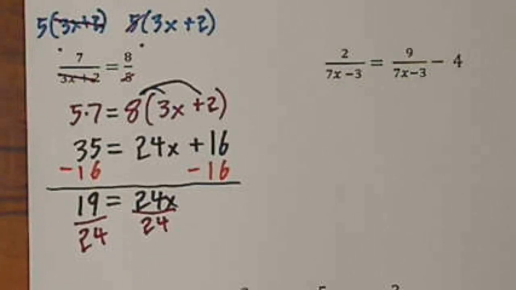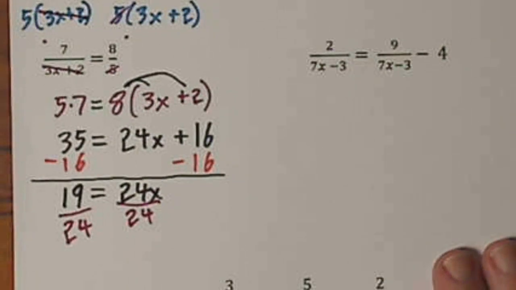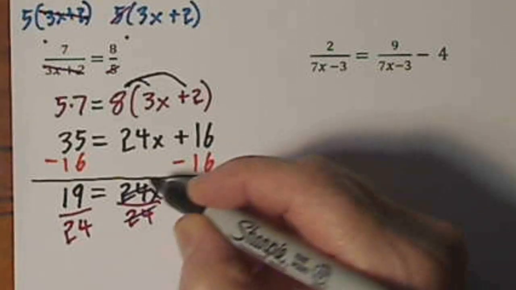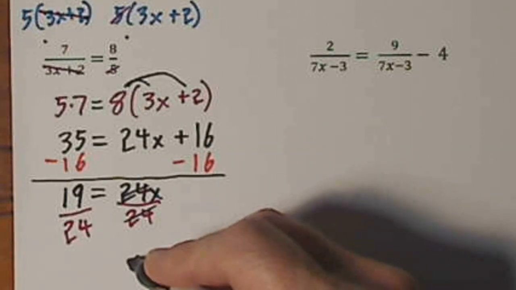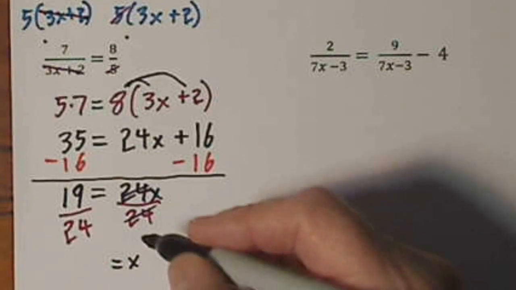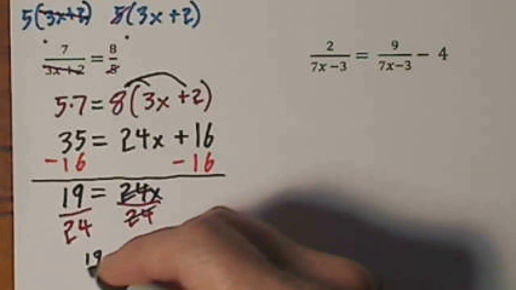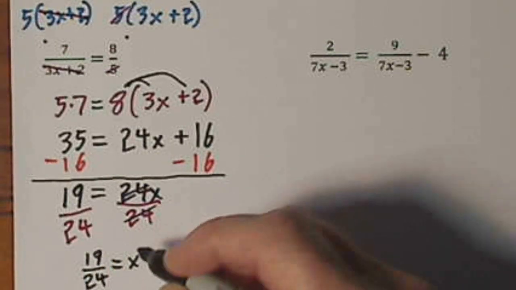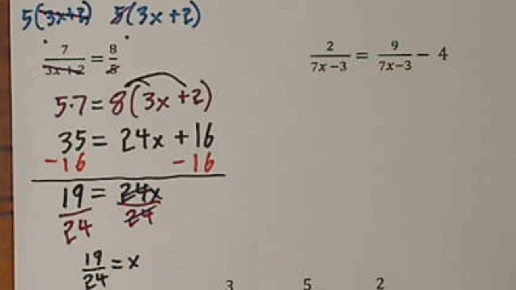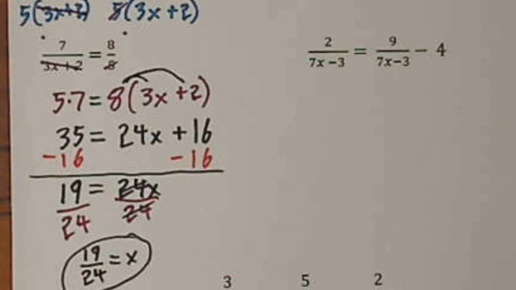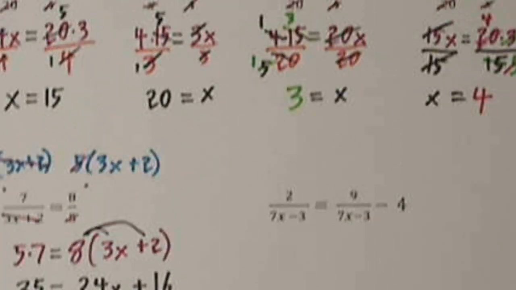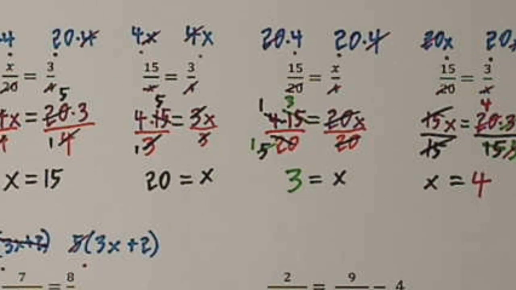I'll back out one more. And 24 goes into 24 once. You're left with x equals 19 24ths. So that is our answer on that one. Again, we're using the same approach as previously. The same approach is on these 4 problems up here.